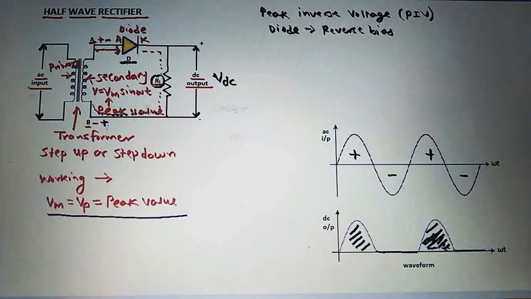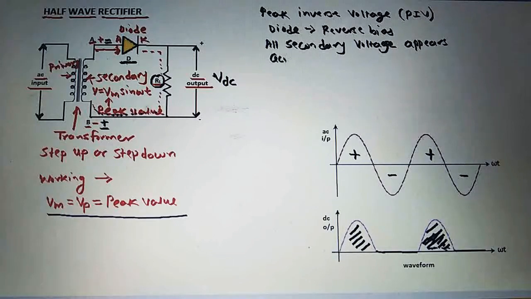During the negative half cycle, the terminal B is positive with respect to the terminal A. That means terminal A is negative. So the diode is in reverse bias. So when the diode is in reverse bias, what happens? All the secondary voltage appears across the diode.